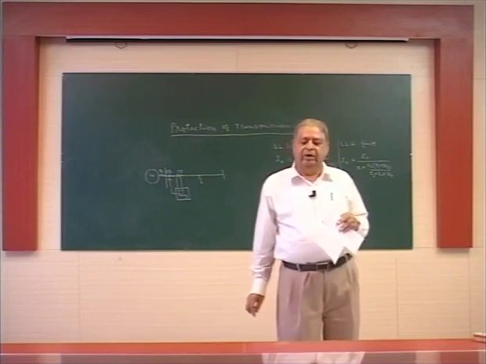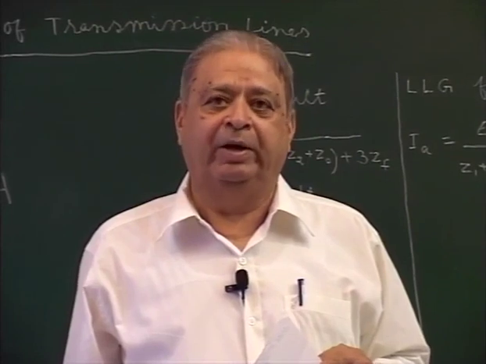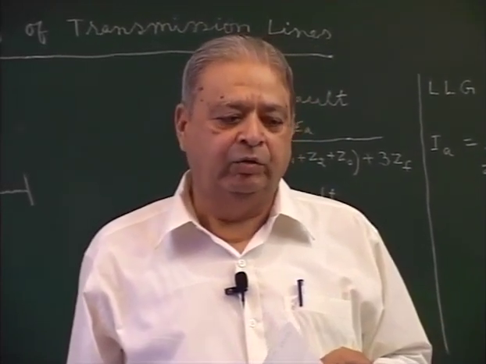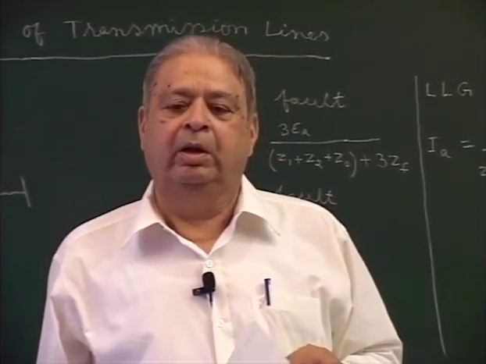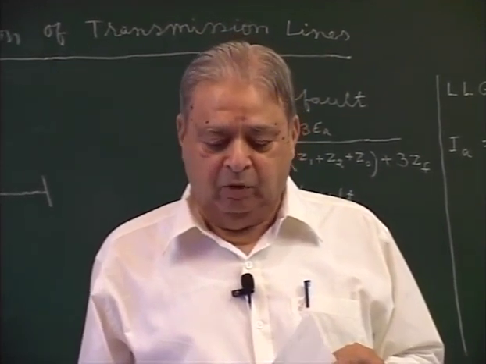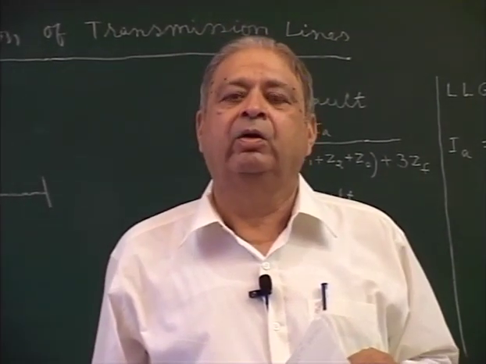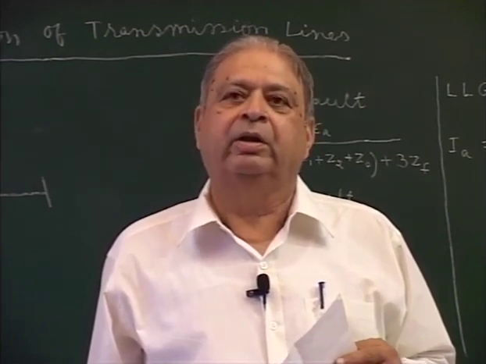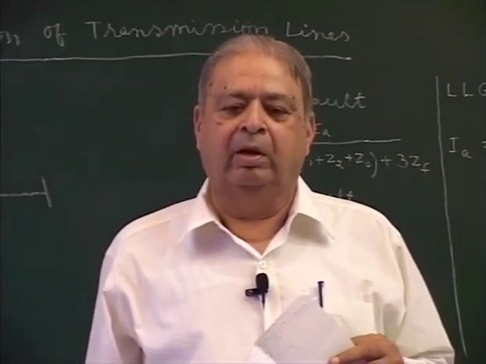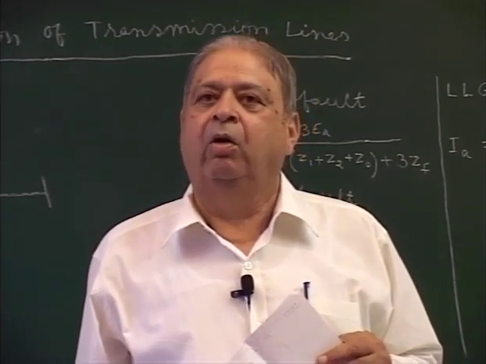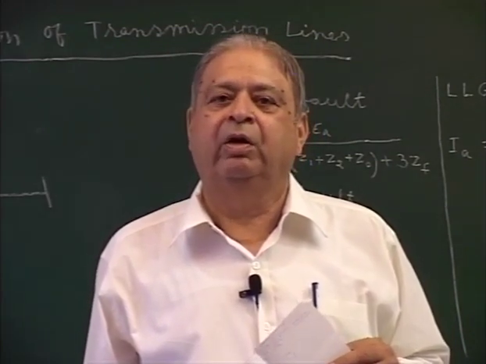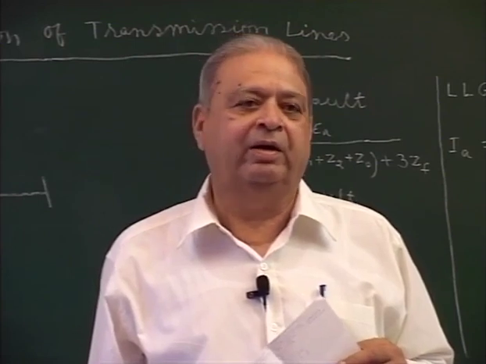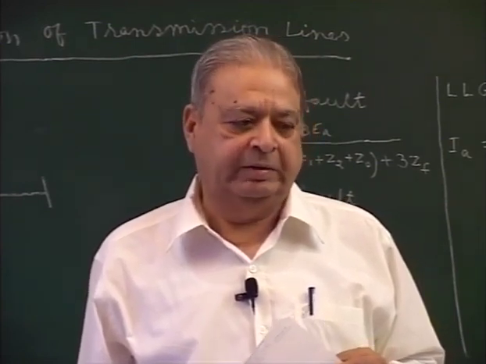Therefore, the relay cannot operate properly. And due to these reasons, it is not advisable to make use of overcurrent relays having identical characteristics, only for simple cases where a radial line is directly connected to a generator.